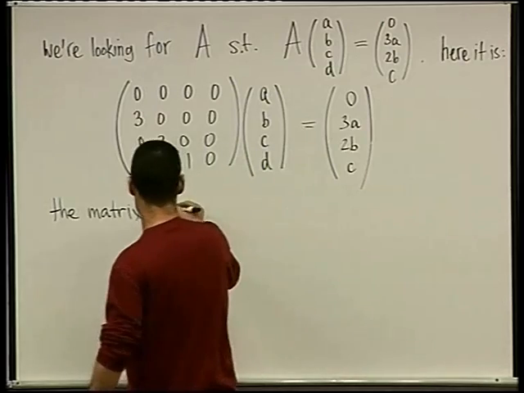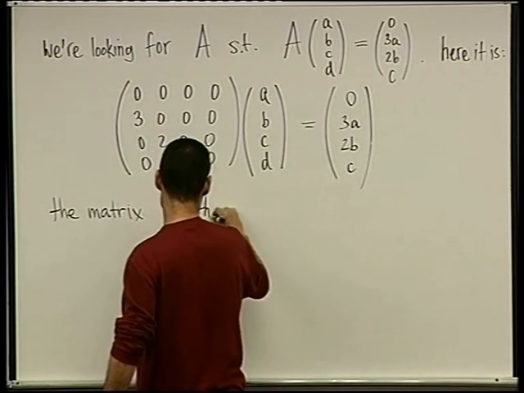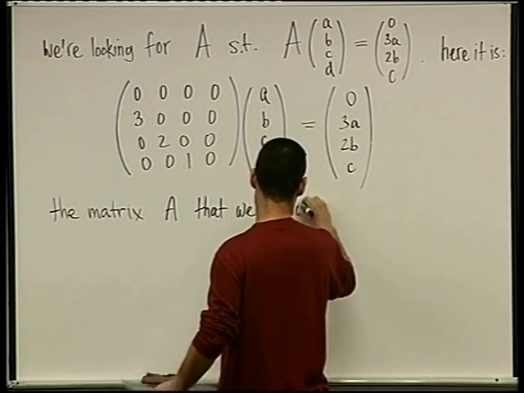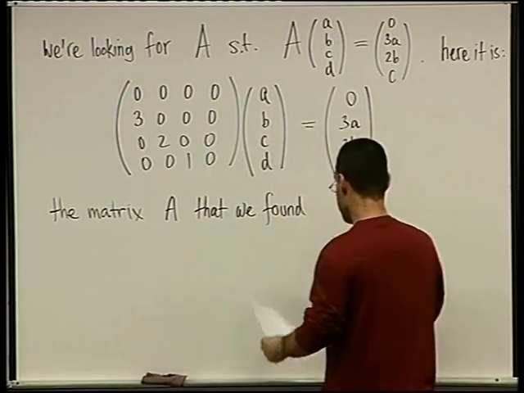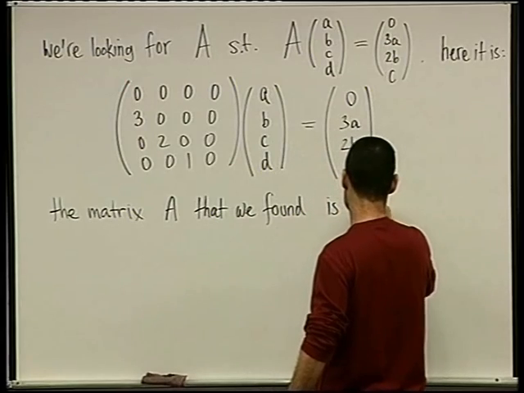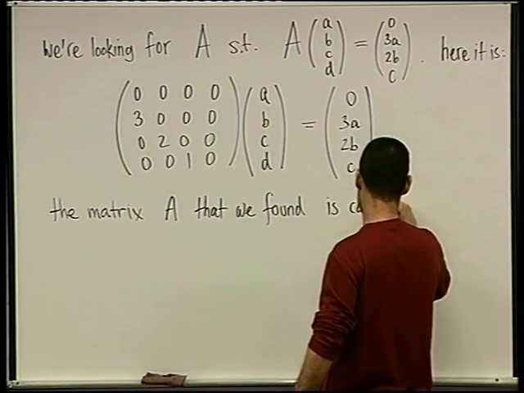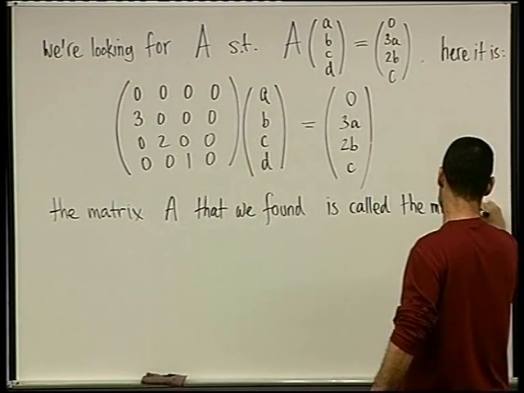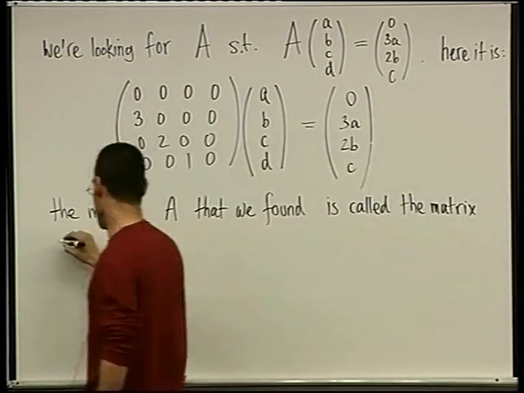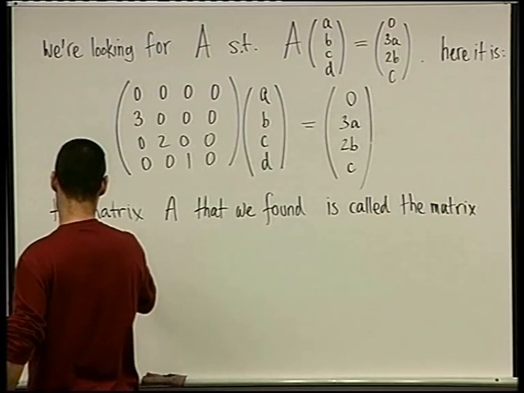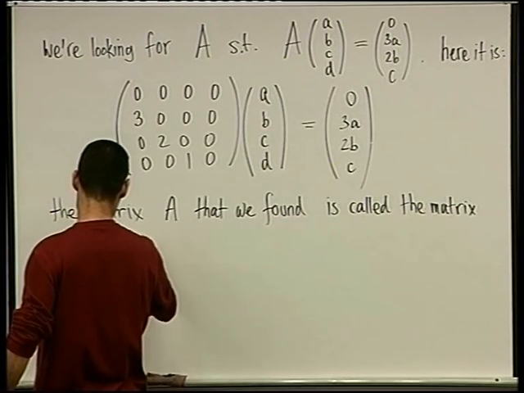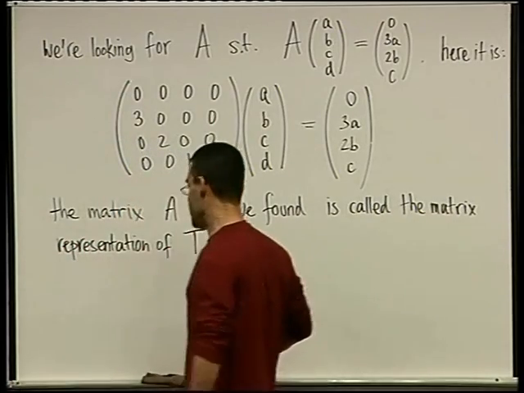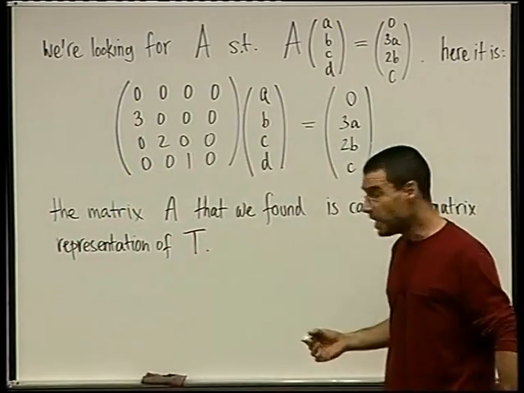So the matrix A that we found is called the matrix representation of T. That's what it's called, and it has notation.